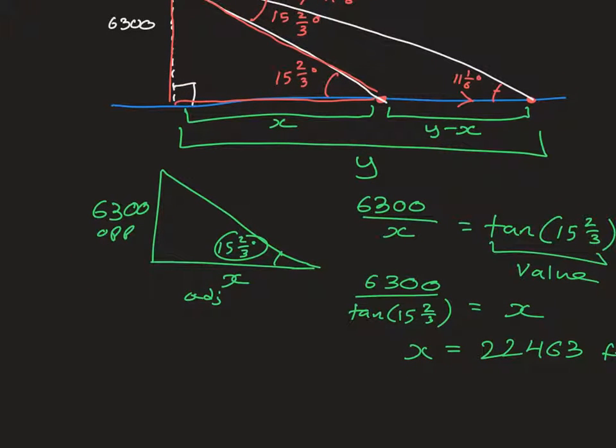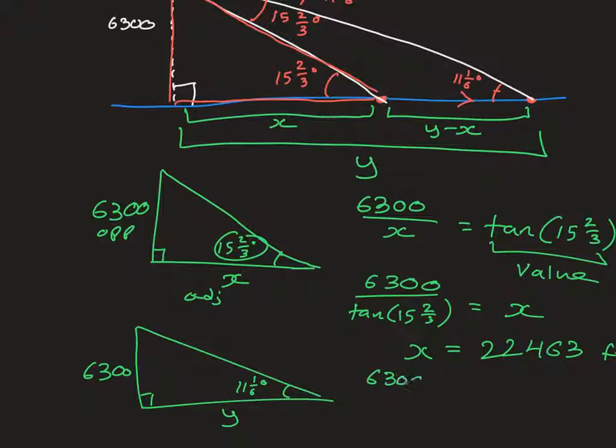Now let's look at the triangle for y. This angle is 11 and 1/6 degrees, and this is the same height. So now we just rewrite the expression, except now we're using a different angle.